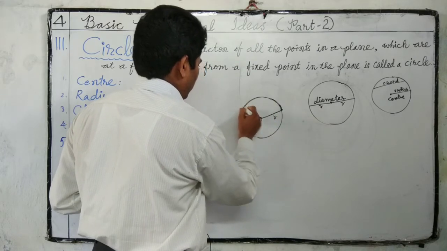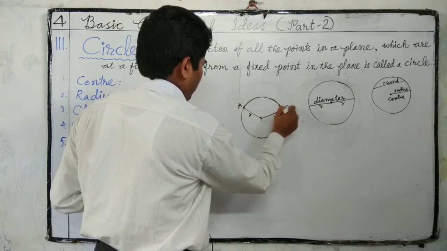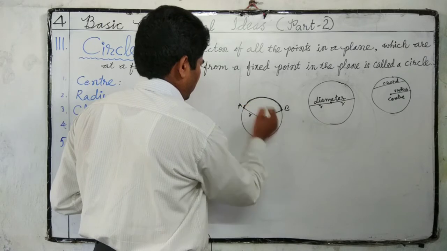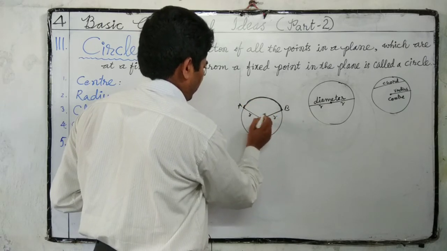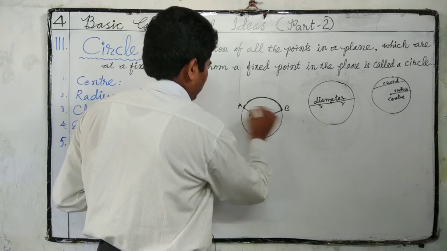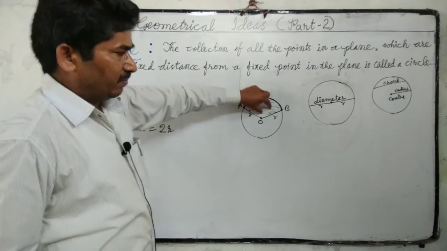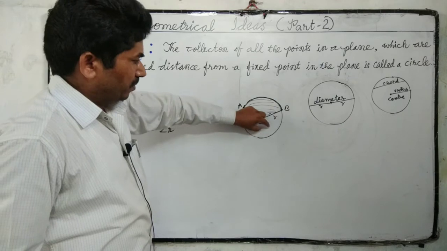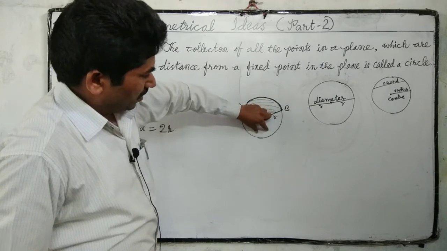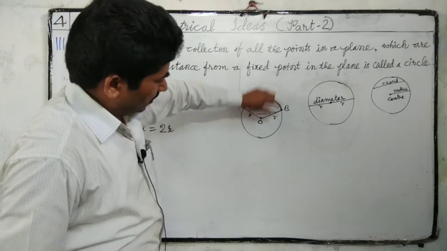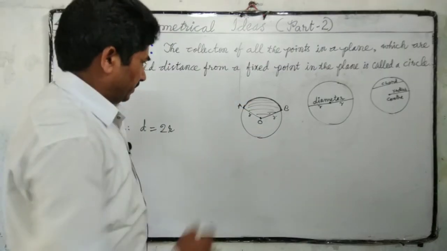This is arc AB. This is a center. This is called sector. This is smaller one, minor sector. This is bigger one, major sector.